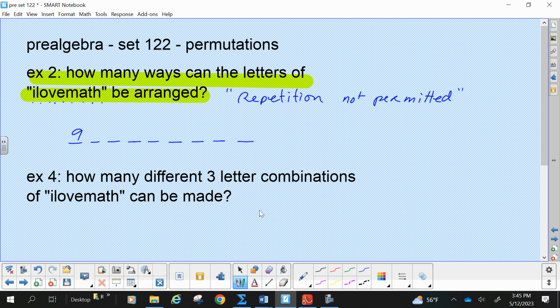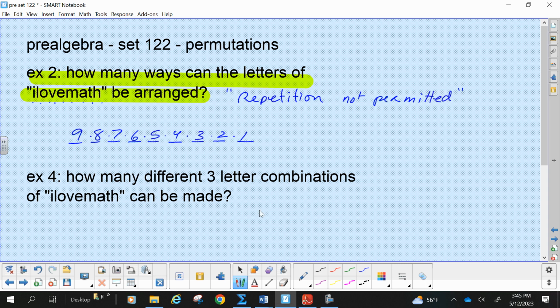Now, if I just used one of my letters here, then for the next space, I only have 8 choices. And now I've used 2, so the next space I only have 7. When I've used 3, I only have 6 letters, then 5, 4, 3, 2, and 1. So I put how many different choices can be made in each of those spaces, and you multiply.